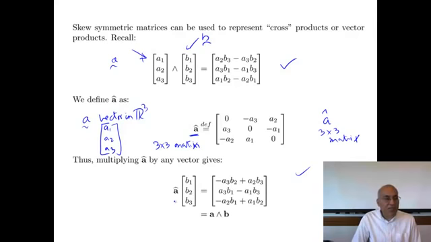Given this 3 by 3 matrix, I now do a matrix-vector multiplication. I multiply A hat and the vector B, which is given by the 3 components B1, B2, B3. You just have to do this algebra, take this matrix and this vector and do the matrix-vector multiplication, and you will get this, which is the same as this.